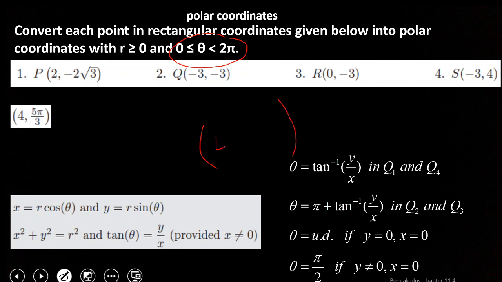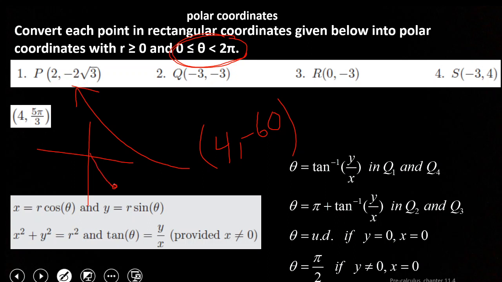So 4, negative 60 is a good point, and it does represent this point, but we are told to keep theta positive. Now, if this is negative 60, in terms of a positive angle, what would this be?